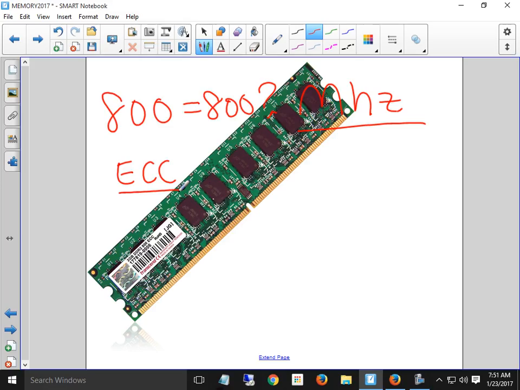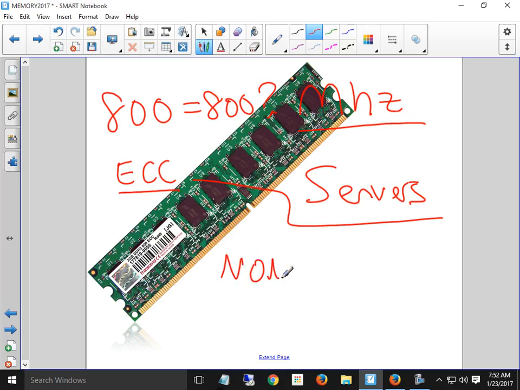And ECC RAM only works in servers. If ECC RAM is for servers, what would be for non-servers? Non-ECC. I gave you the answer to the question. So it would either not say it or it'd say non-ECC for a regular old workstation or gaming system. And we'll talk about exactly what ECC is.